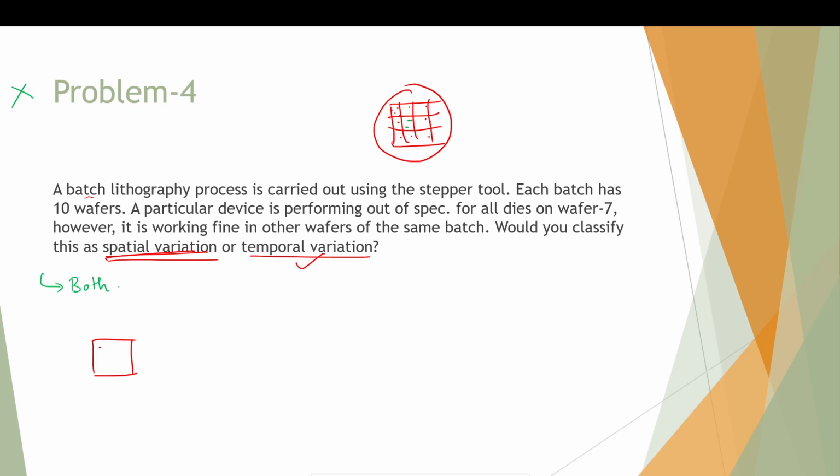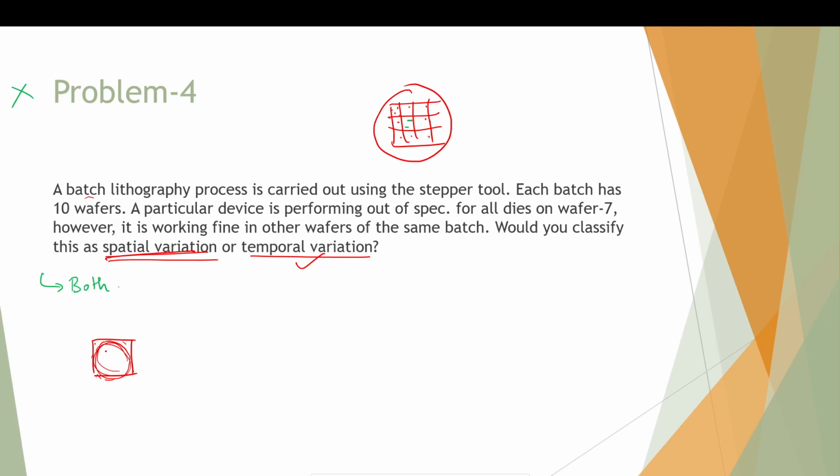In a die, I am seeing a variation in the pattern across the die. Something like if my PR is not getting coated uniformly. Say I had this small chip here, and I spin coated it, and the PR might have got distributed somewhat like this in a circular motion, and so the photoresist thickness at the corners will be lower compared to the center. So that will affect my pattern underneath.